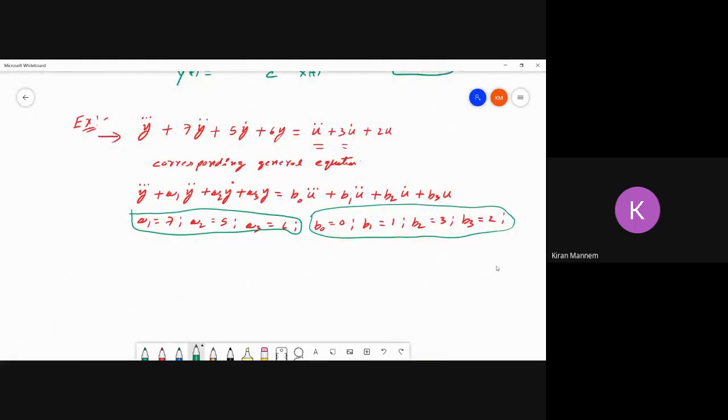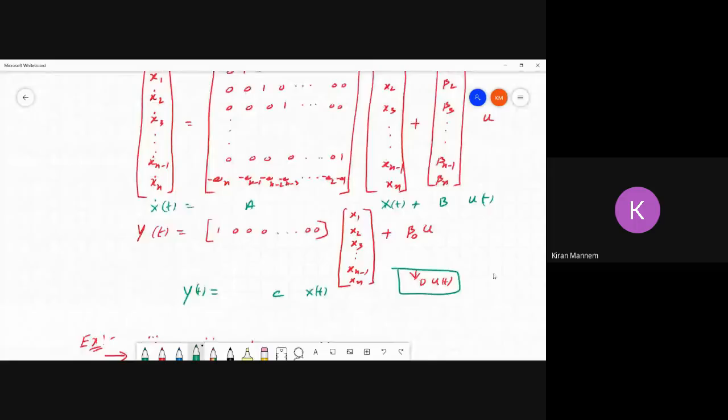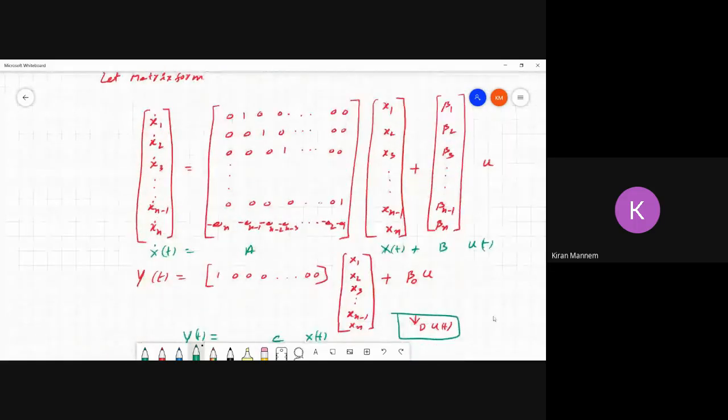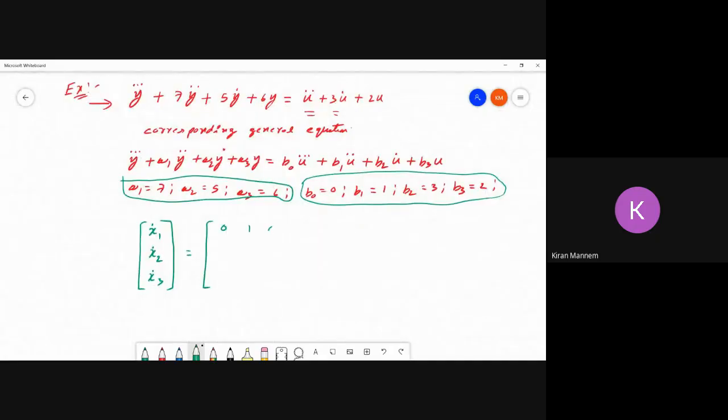So our equation would be x dot 1, x dot 2, x dot 3 must be equal to, look at this, first one is 0, 1, 0, right? So I'll write here 0, 1, 0, 0, 0, 1.